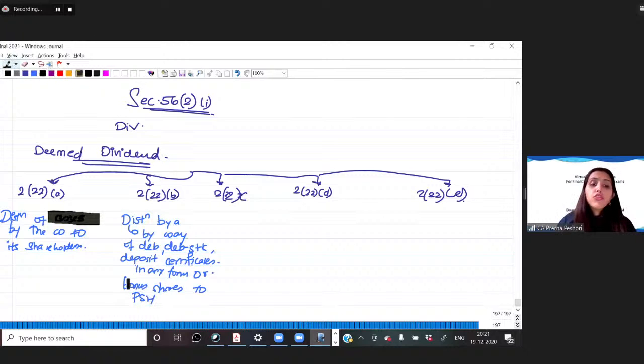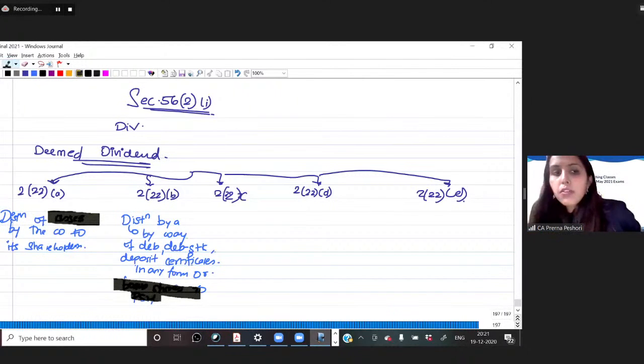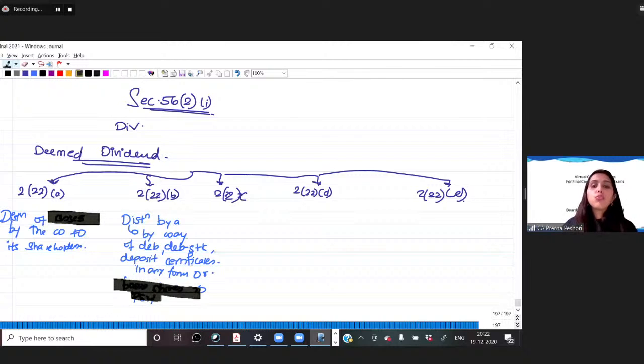Whether issue of bonus shares to equity shareholders will be covered under deemed dividend provision, the answer is no. Only issue of bonus shares to the preference shareholder is covered under deemed dividend under section 222B. Clear?